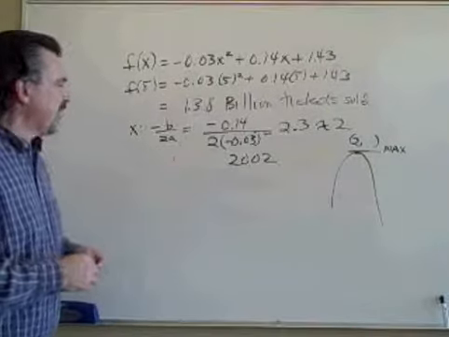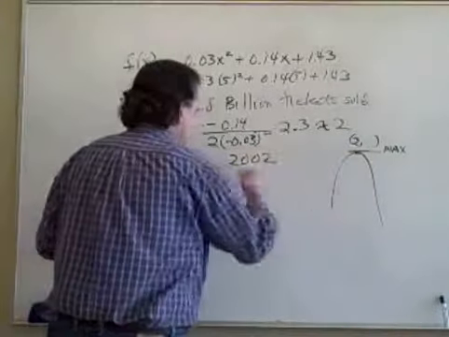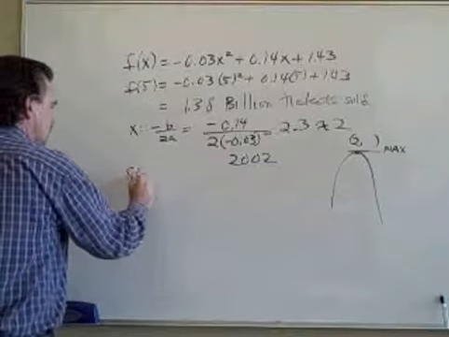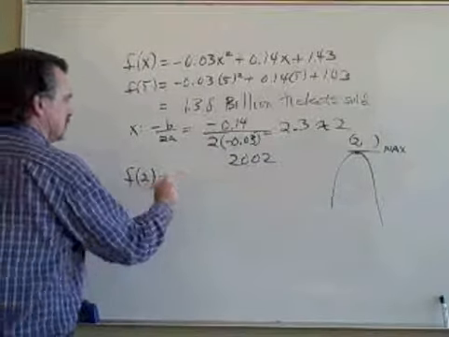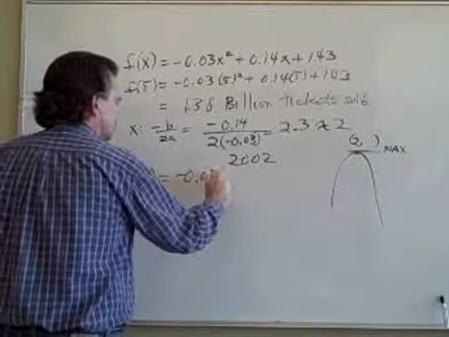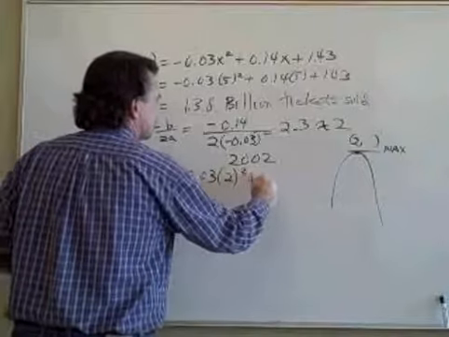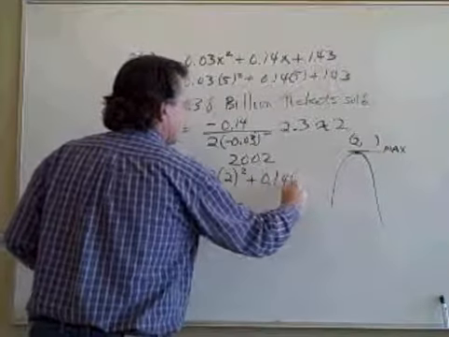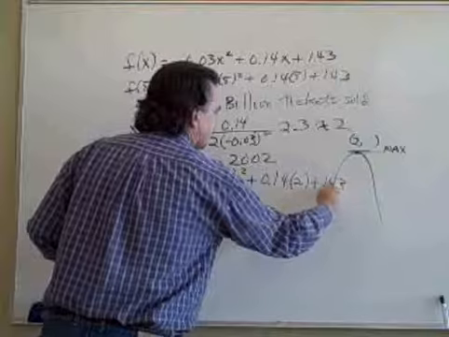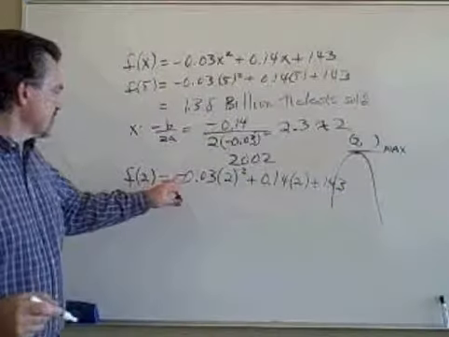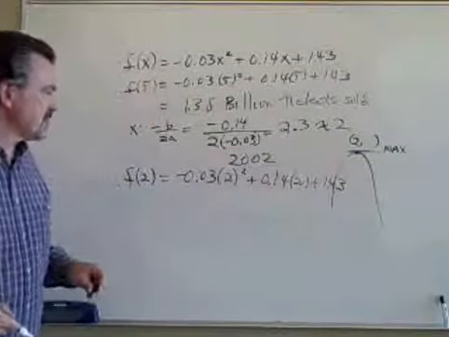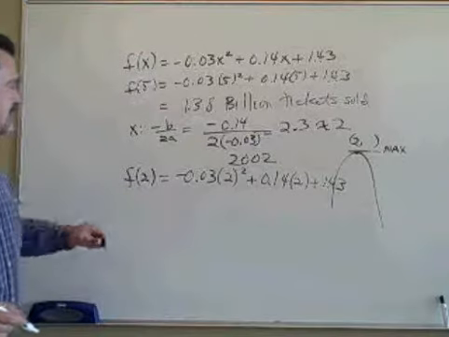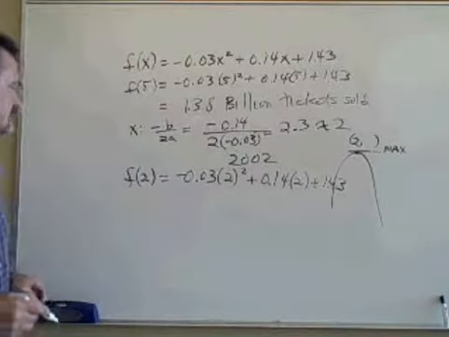Well, the way we can find that is take that x value and evaluate the function at that x value. Because the function's value at the vertex is then going to be the max, and the x value at the vertex is 2.